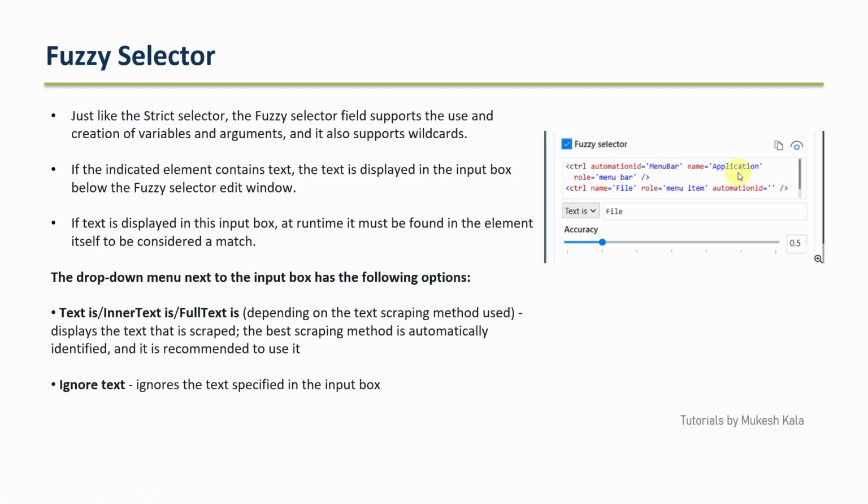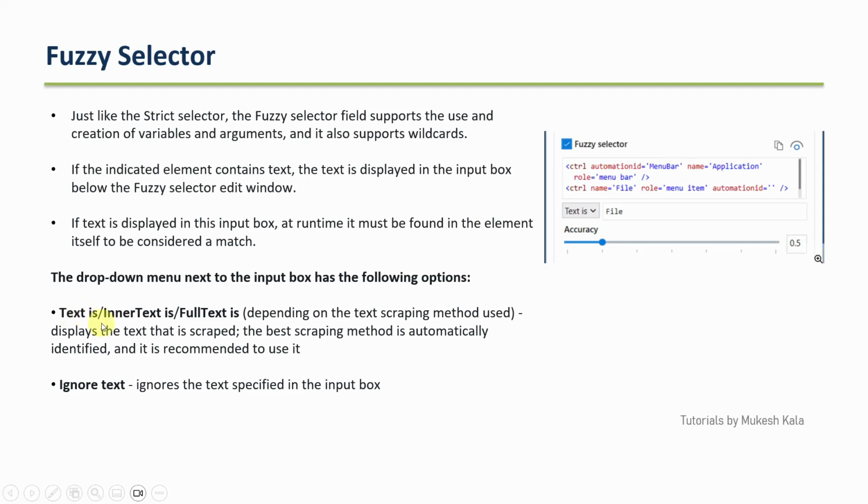Along with the accuracy, you would also see an option called text is, which here says file. Now in this drop down you would have options such as text is, inner text is, full text is, and then you have something called ignore text. Now if you see here, when the fuzzy selector was finding that File button, it mentioned fuzzy with the level of 0.5 is trying to look for the File button.